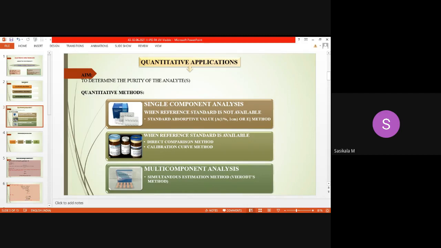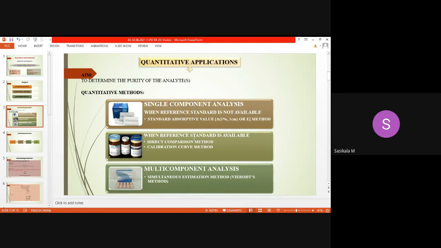These two methods are commonly and widely used under single component analysis in UV visible spectrometric analysis. So what does direct comparison method mean? We'll be preparing a known concentration of standard solution and the sample solution.